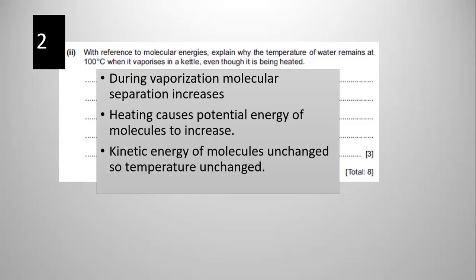The kinetic energy of molecules remains constant during vaporization. Kinetic energy is constant or unchanged as temperature is unchanged. During vaporization, molecular separation increases. Heating causes potential energy of the molecules to increase.